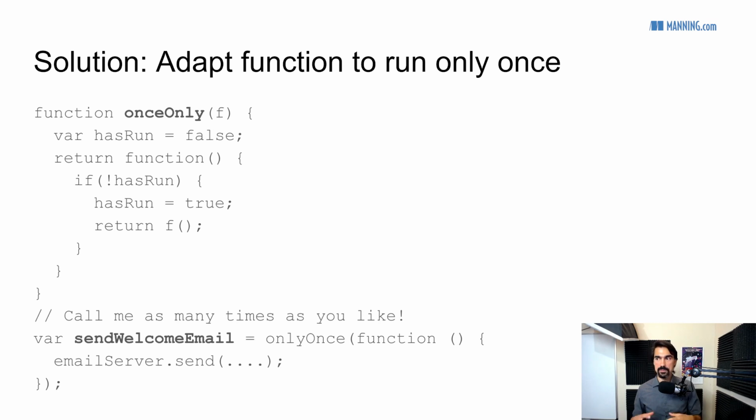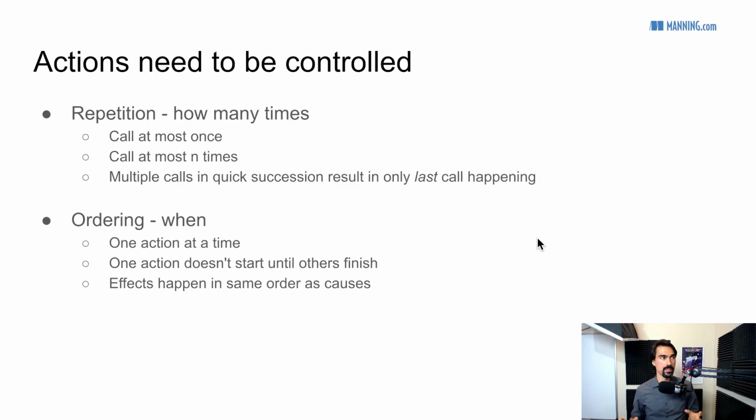So we've taken the existing model of time and made our own model of time. And this is something that functional programmers tend to do, rework how time works. And time actually has two components: the repetition and the ordering.